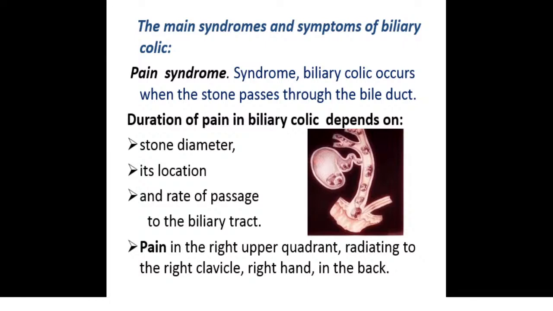The main syndrome and symptom of biliary colic is pain syndrome. Biliary colic occurs when a stone passes through the bile duct. The duration of pain in biliary colic depends on the stone diameter, its location, and the rate of passage through the biliary tract.